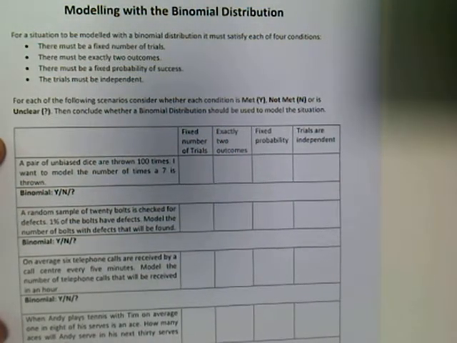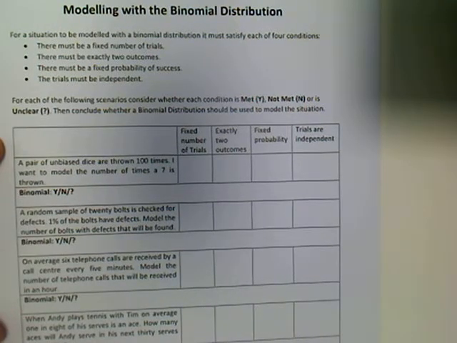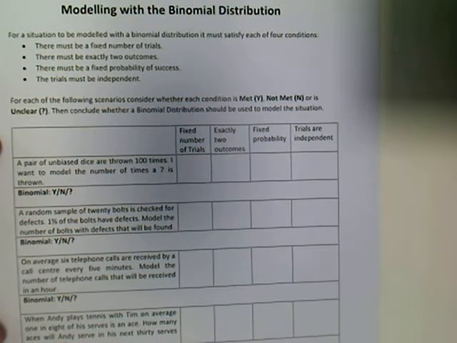When we are deciding whether we can apply a binomial distribution to a certain scenario, we should be thinking about those four things. Thinking in our mind, okay, does this have a fixed number of trials, yes or no? Does this have only two outcomes?